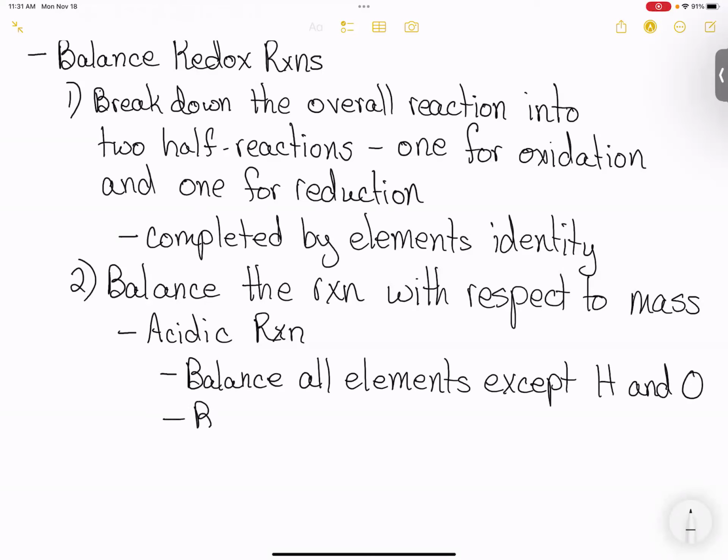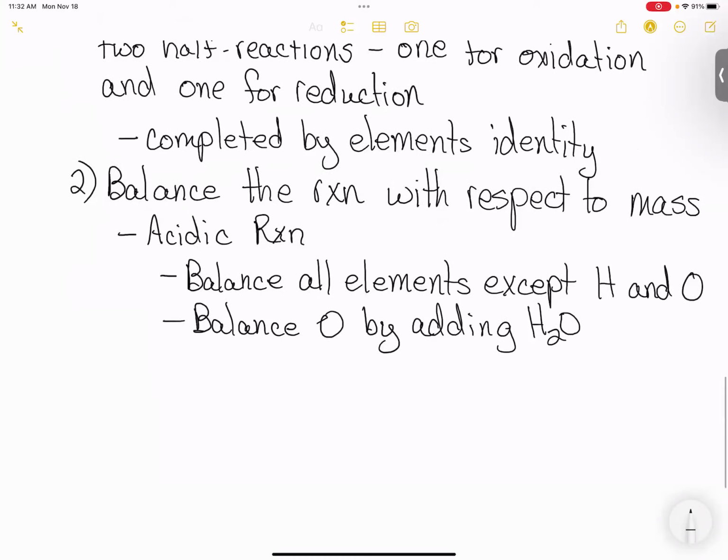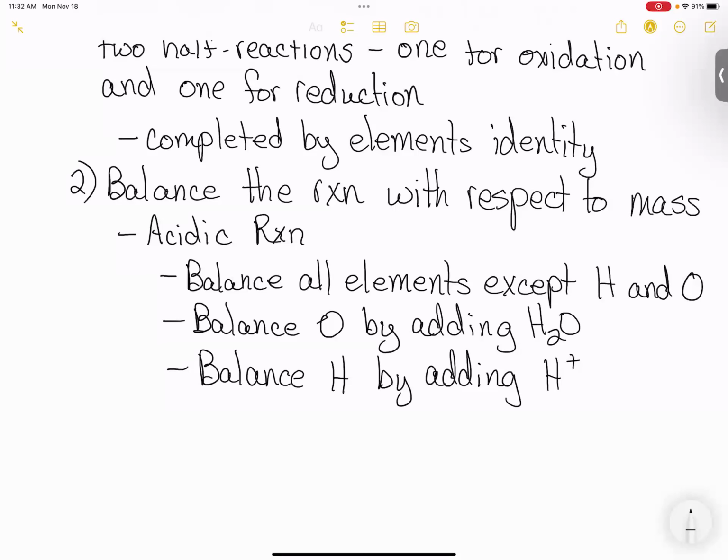You will then balance the oxygen by adding water. And finally, we will balance the hydrogen from the water and other compounds by adding H+. There's where the acidic comes into play.